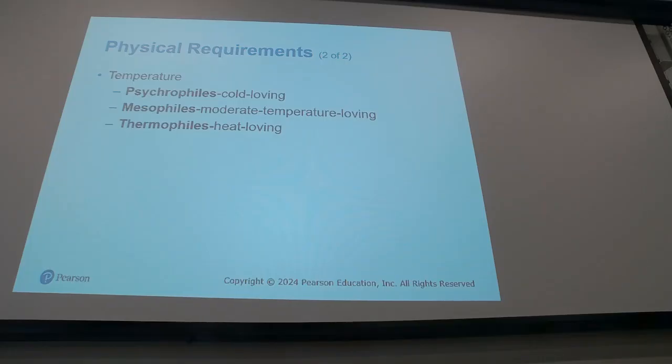Meso means middle or moderate. So mesophiles will be microorganisms that live in temperate or moderate temperatures. And then thermophiles will be microorganisms that love high temperatures. They can grow at high temperature.